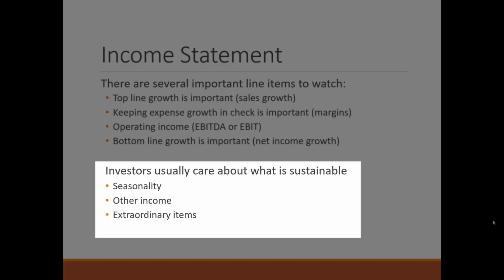We also want to think about other income and extraordinary items. Those may or may not be sustainable. Extraordinary items, by definition, are things that shouldn't be happening frequently. So if you're a retailer and you sell a prime location, a building that you've owned, that's going to create perhaps a one-time capital gain, an extraordinary gain, but you can't continually sell that piece of real estate.